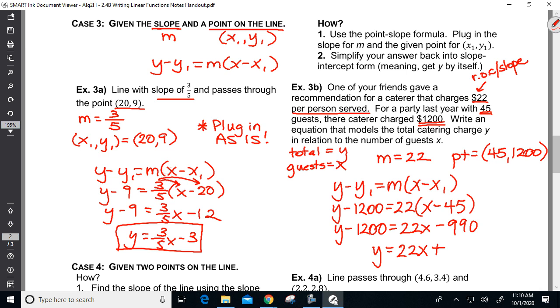That should give you 210. Check these from my calculator. 1200 minus 990, 210. That's it for part B.